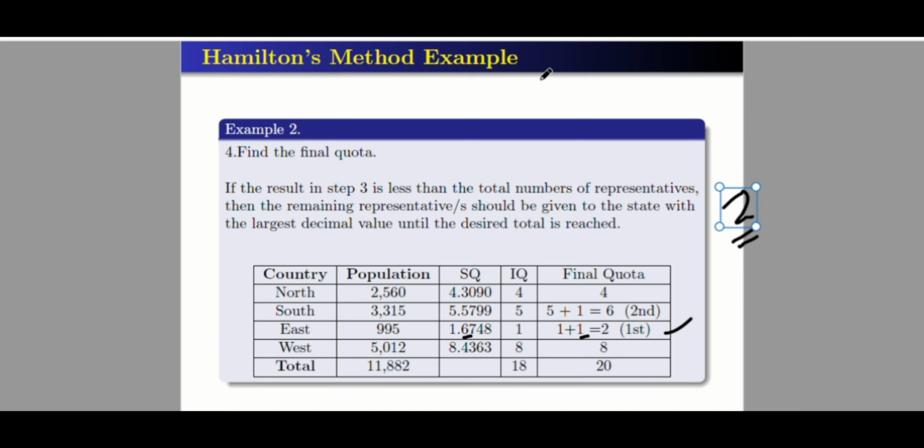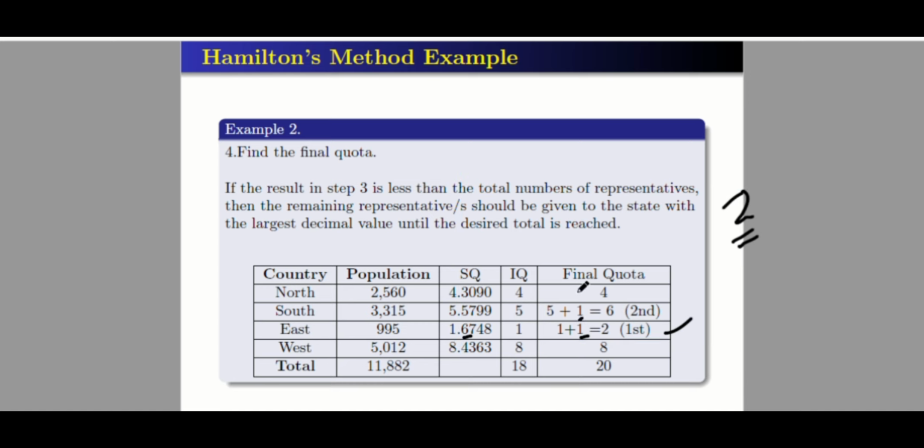Since there are 2, the first one is given to the east. The next one is the next higher. Who is the next higher? We have 5, 3, and 4. So the next higher is 5, the higher decimal place.